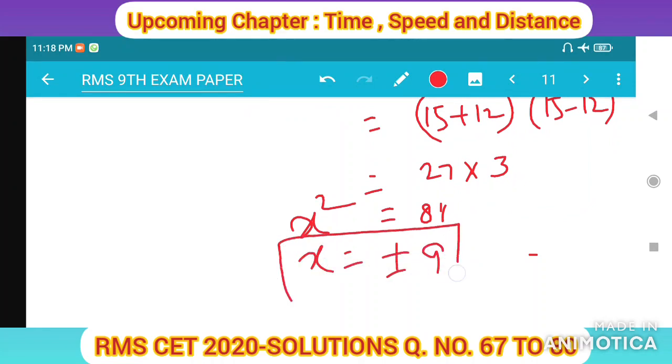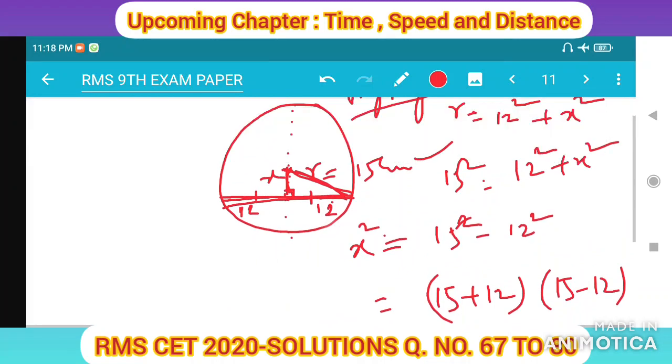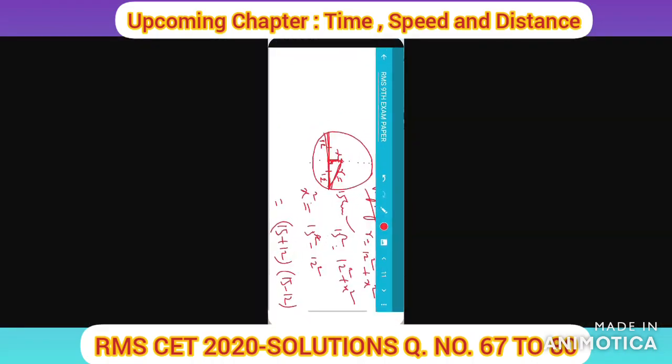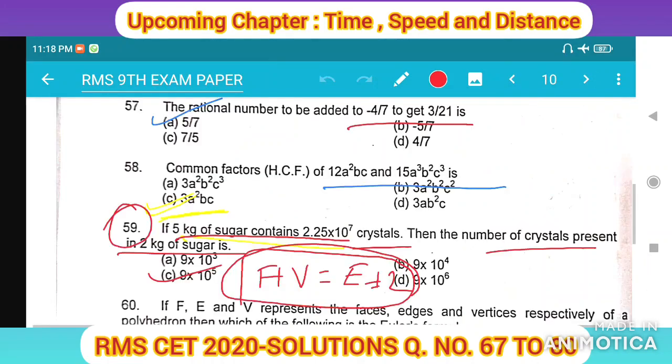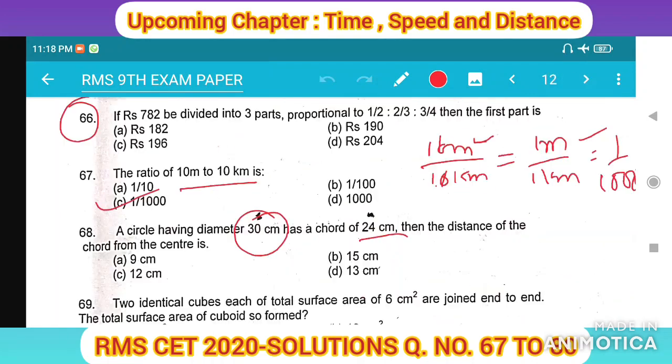So we consider x is equal to 9. It is asking the distance from center to chord, which means this distance we have to find, that is 9 centimeter. The answer is 9 centimeter.